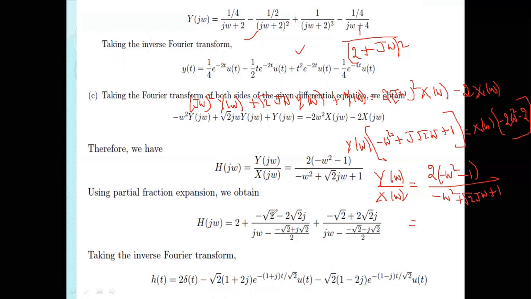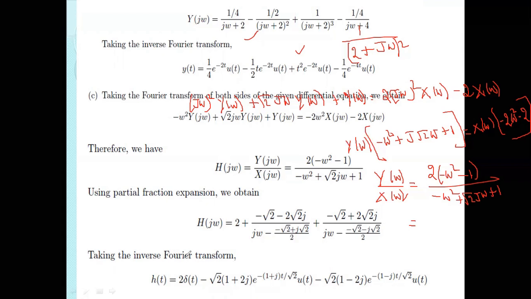Then we get 2 plus minus root 2 minus 2 root 2 j by j omega minus root 2 plus j root 2 by 2. The denominator uses minus b plus or minus square root of b square minus 4ac, which you can write to get the complex function.